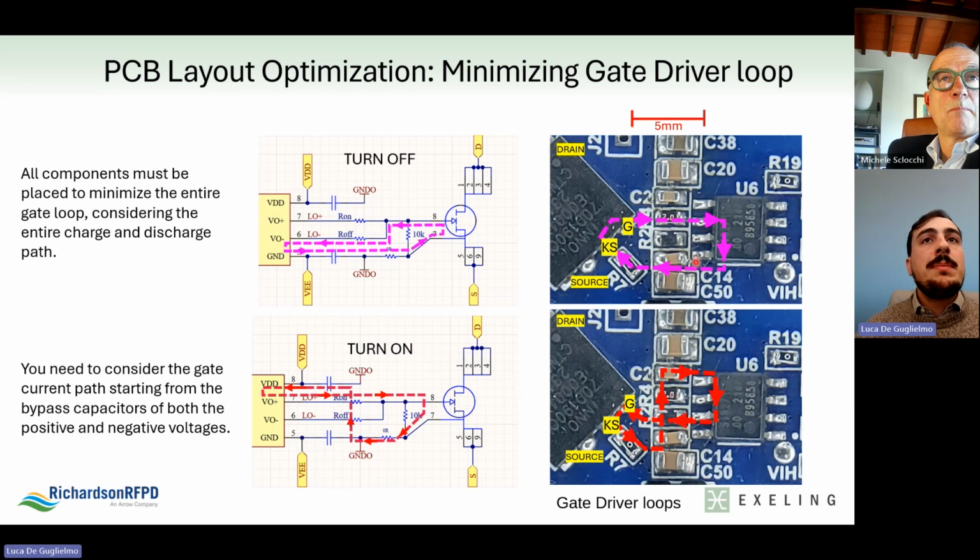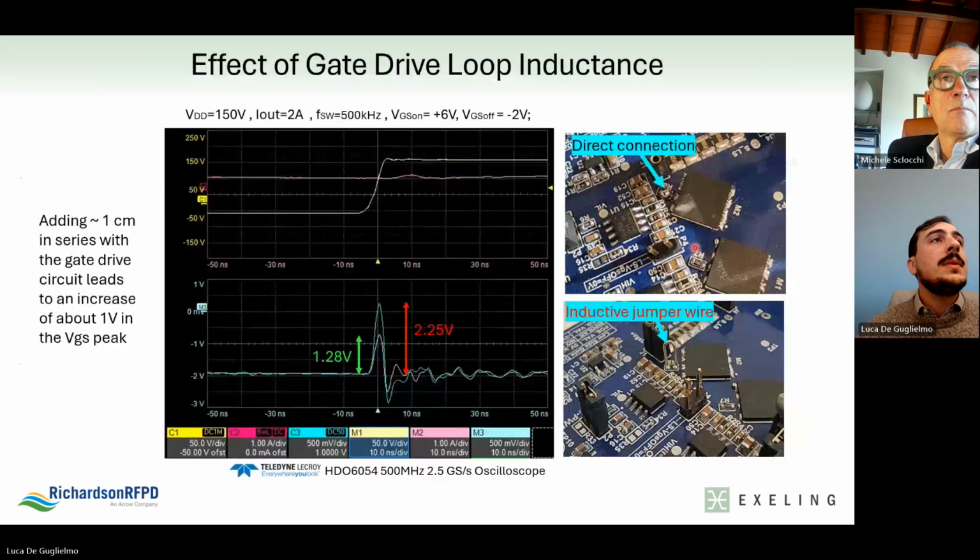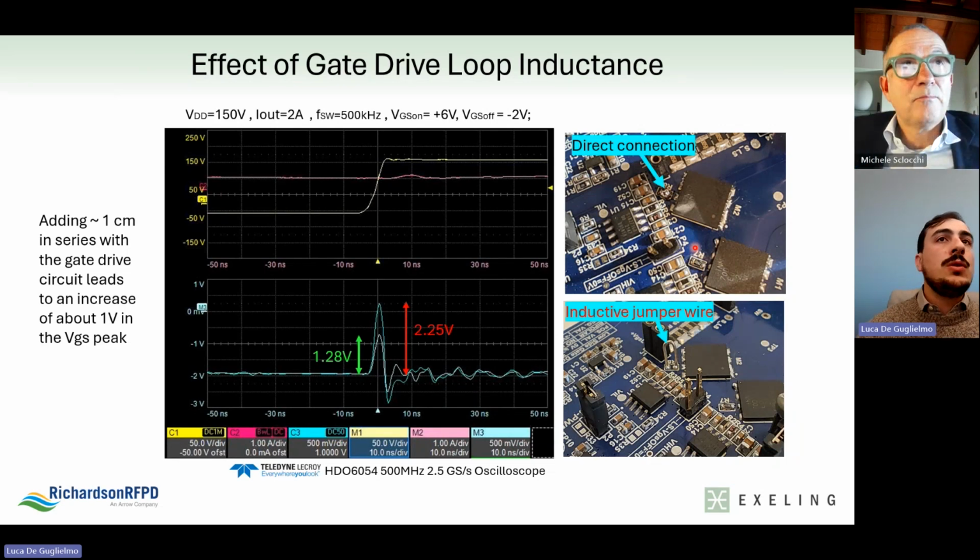What is important to keep in mind is that in addition to placing the bypass capacitor as close as possible to the driver, their orientation is also important to minimize the gate current path. Just to show you on a real board the impact of the gate loop layout, I captured some data using the oscilloscope.